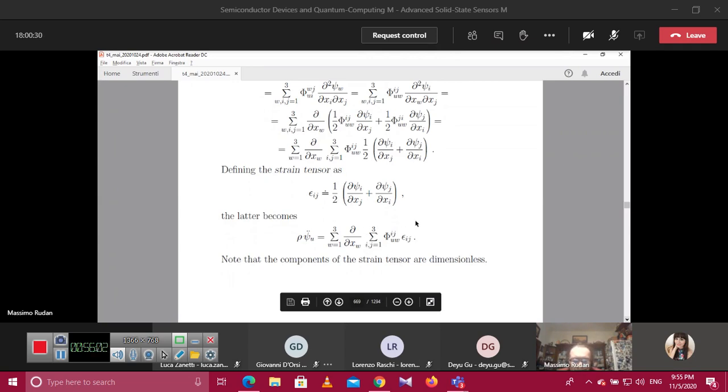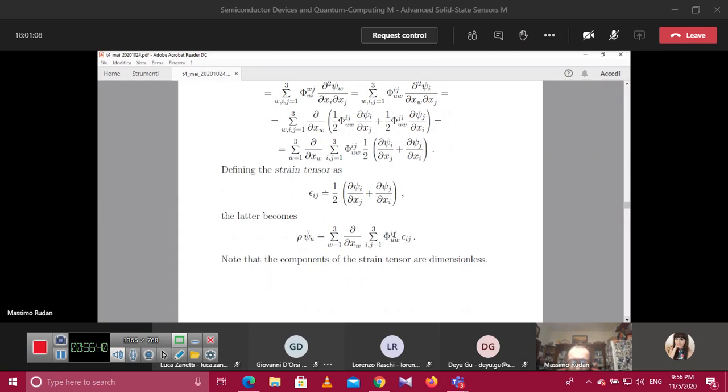One thing is that the strain tensor is symmetric because it is invariant after exchange of the two indices I and J, and also that the strain tensor is dimensionless because the denominators are coordinates, but the numerators are displacement, so length over length. Okay, so this tensor is a pure number.